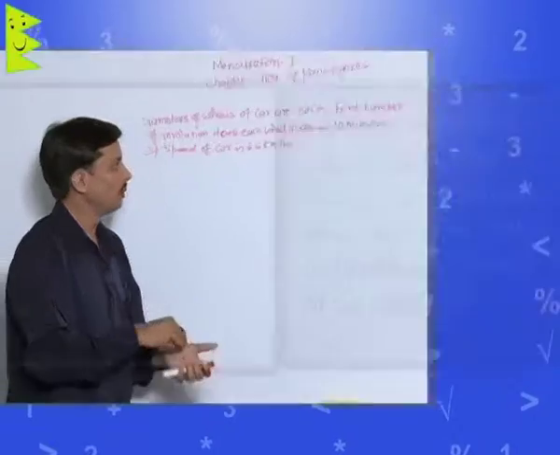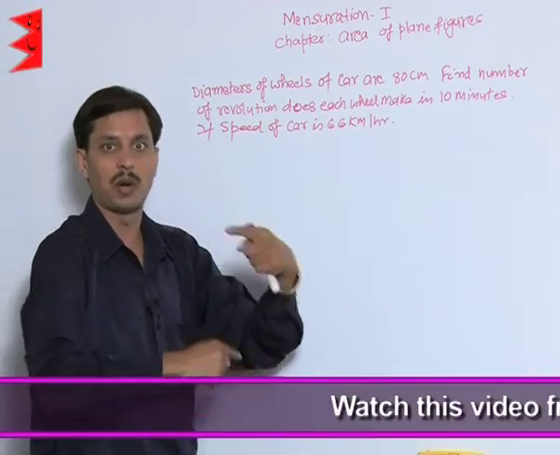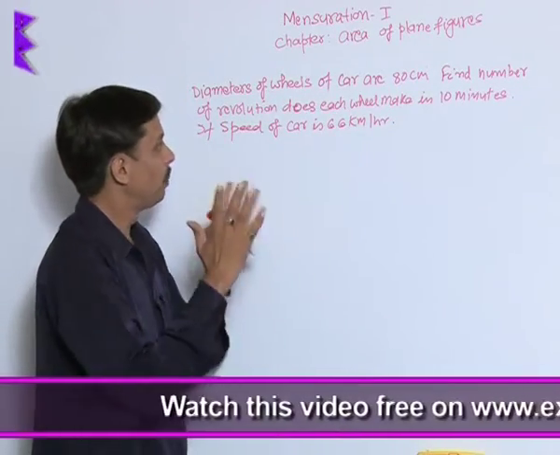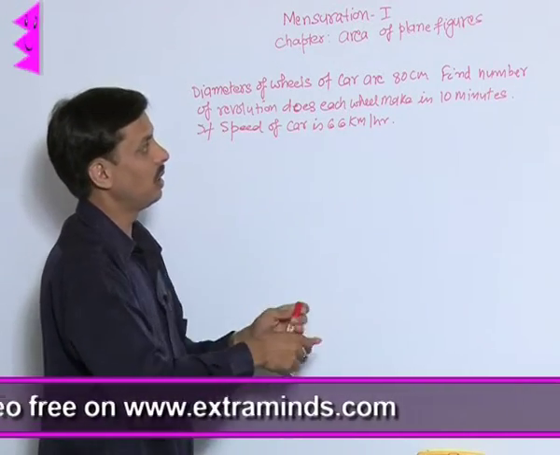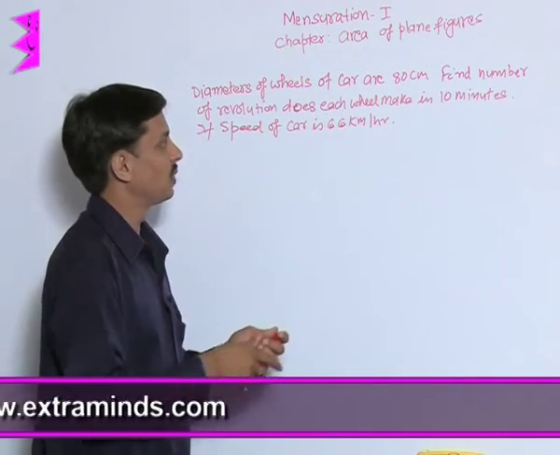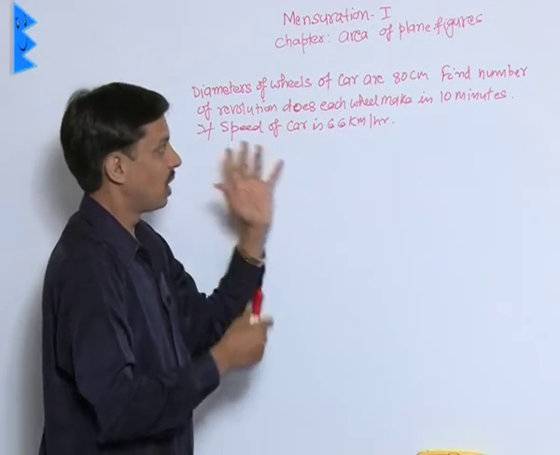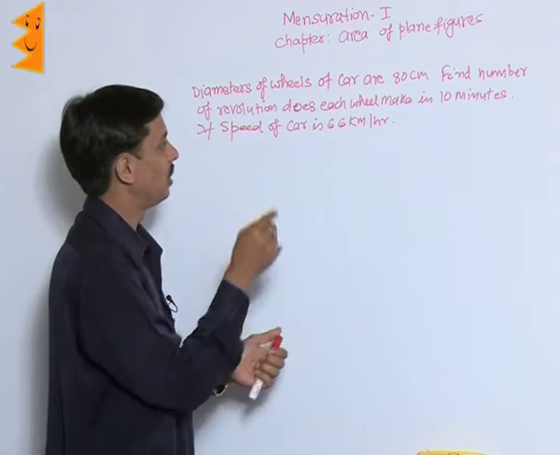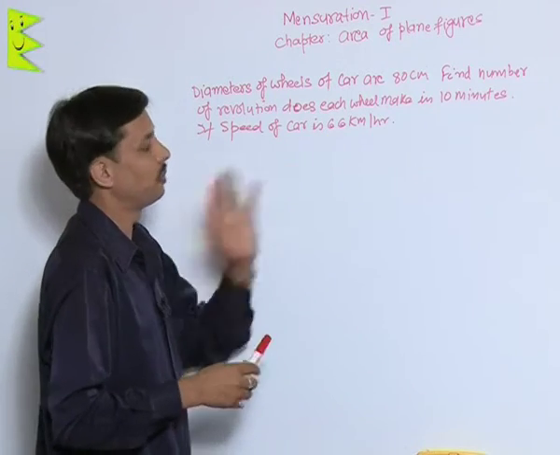We want to know, if the diameter is this, how many revolutions are required by the wheel so that in 10 minutes the speed can be maintained at 66 kilometer per hour.